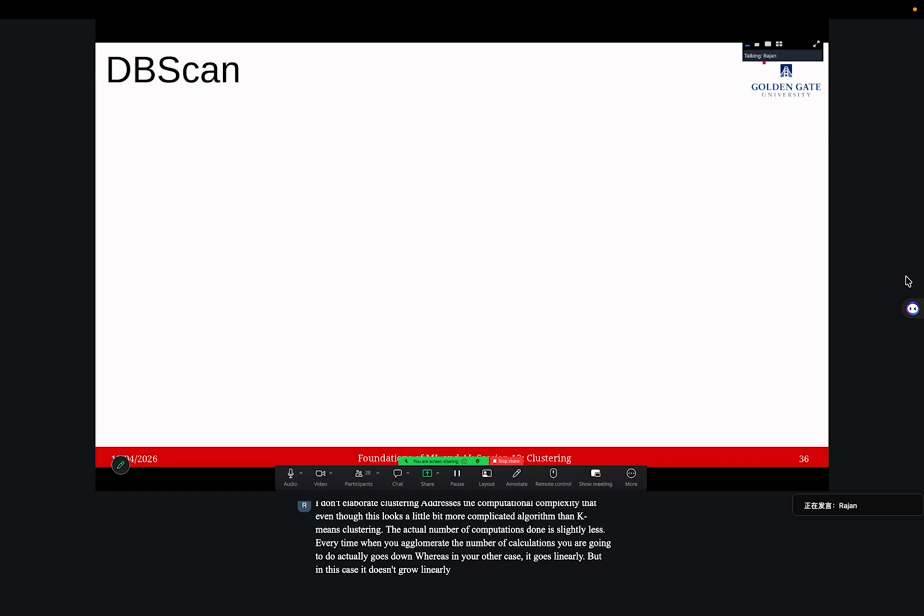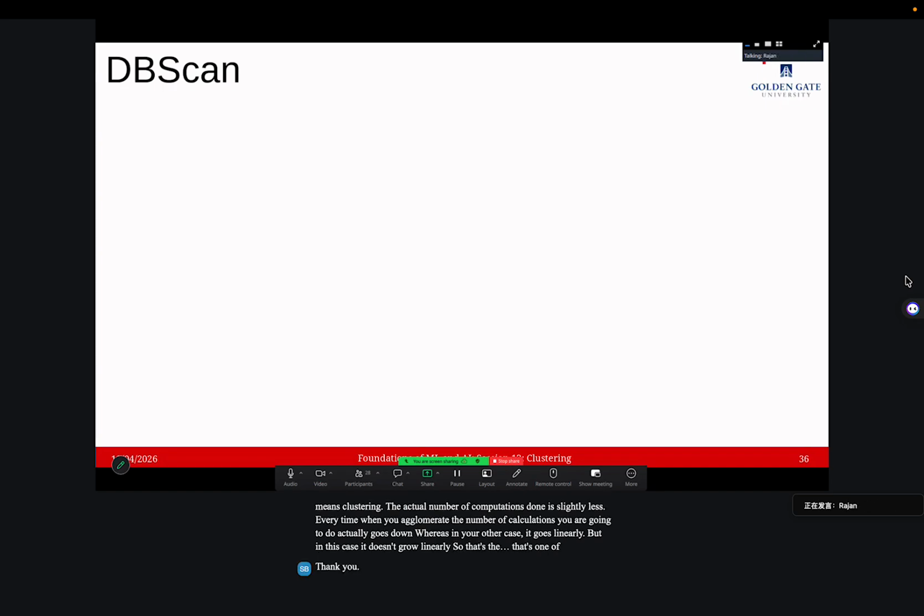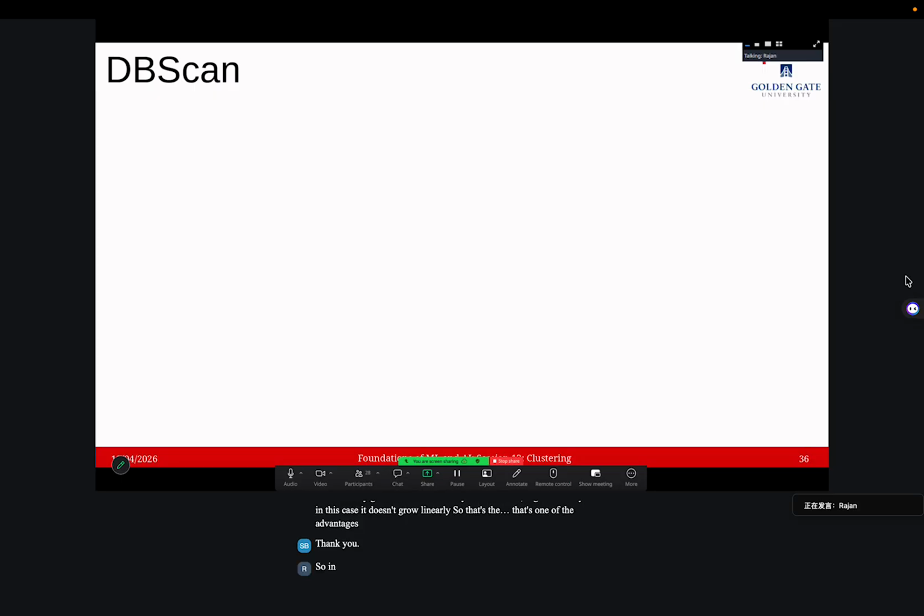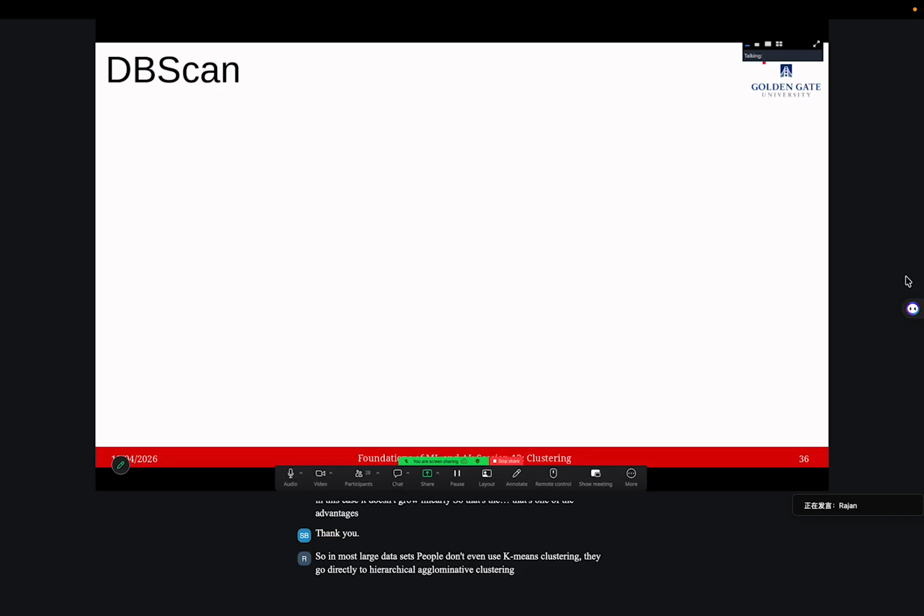So that's one of the advantages. Okay? Got it. Thank you. So in most large data sets, people don't even use k-means clustering. They go directly to hierarchical agglomerative clustering to save time and compute.